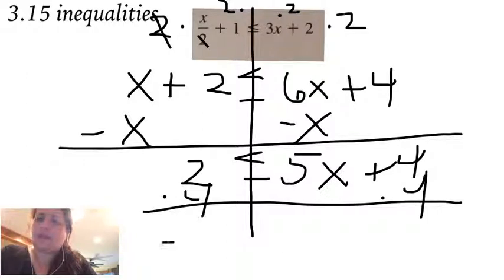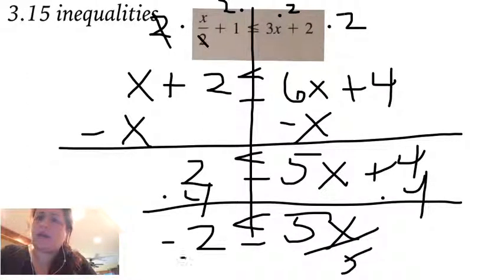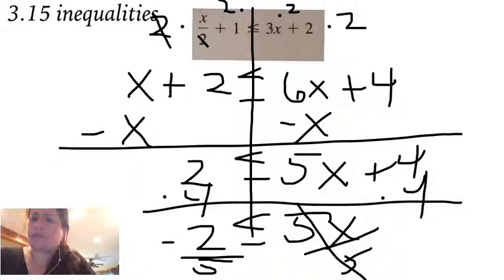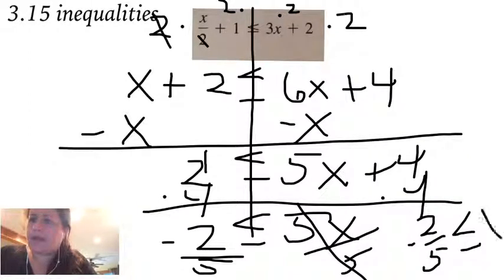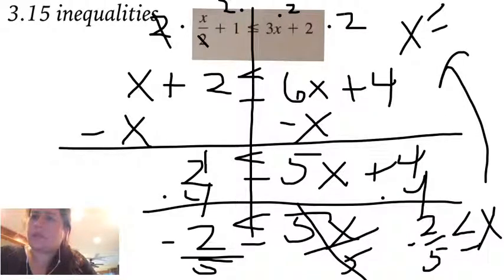So I have negative 2 is less than or equal to 5x, and the last step is to divide by 5. That's okay if you have an answer that is a fraction. So my answer for this would be negative 2/5 is less than or equal to x, or you can write that as x is greater than or equal to negative 2/5.